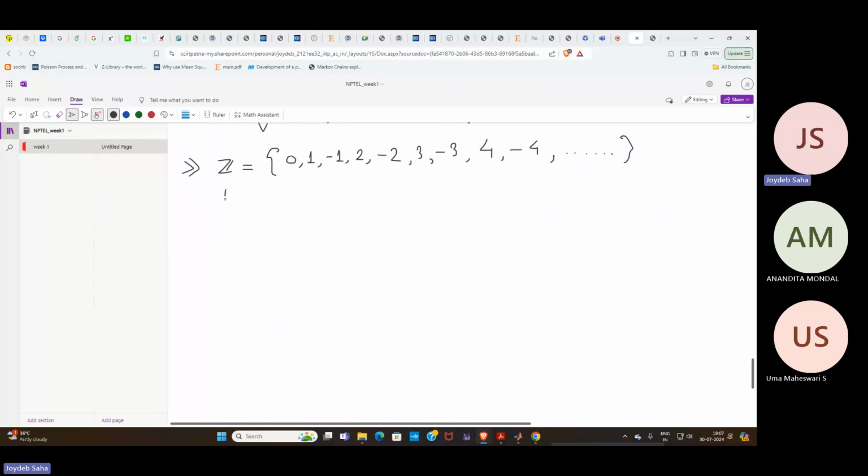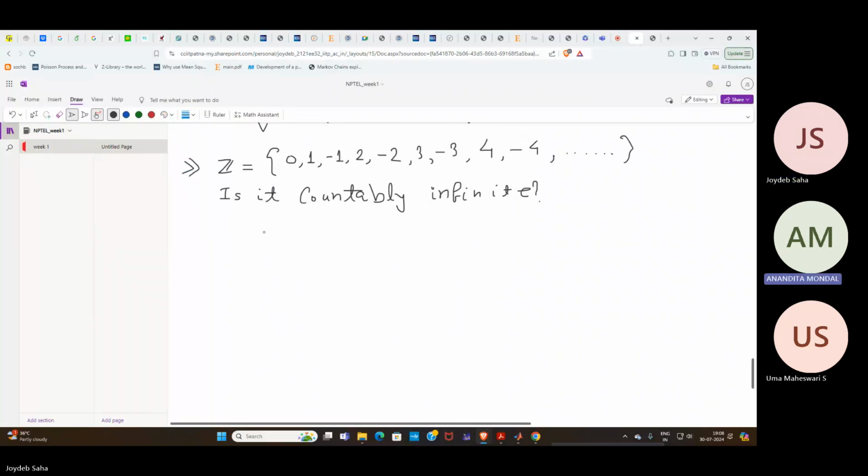The same question: is it countably infinite?